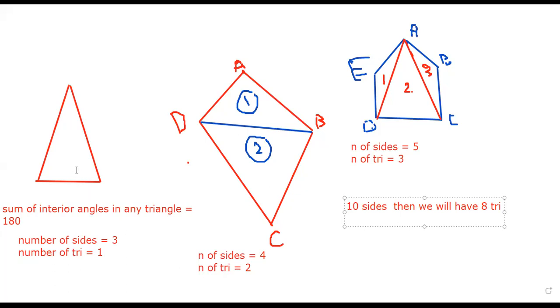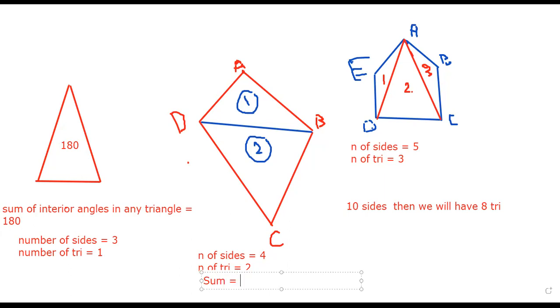In any triangle, what is the sum of the measure of the angles inside? 180, right? If I have 2 triangles, what do we have to do to find the sum of the measure of angles?